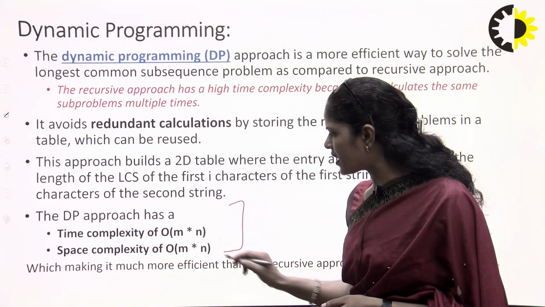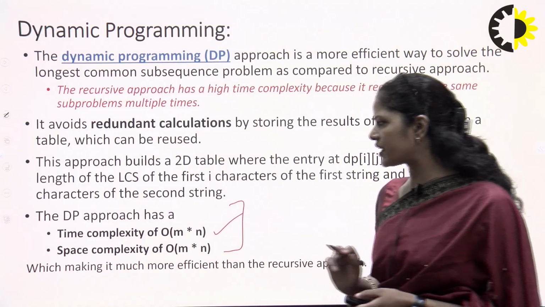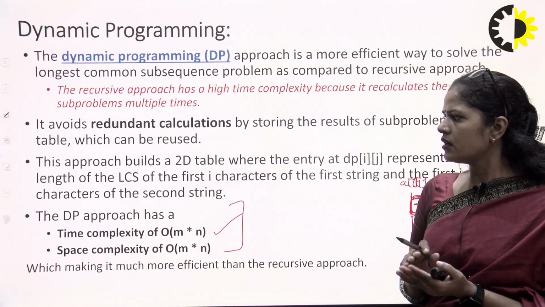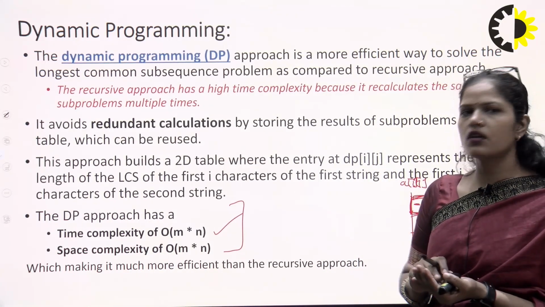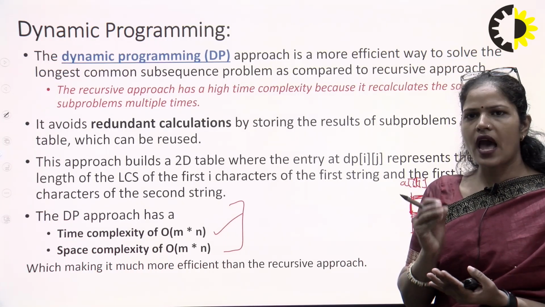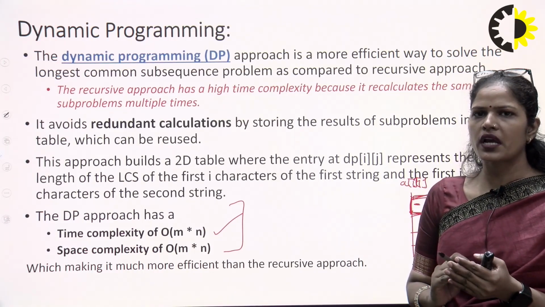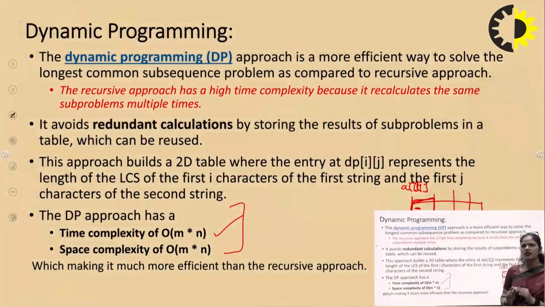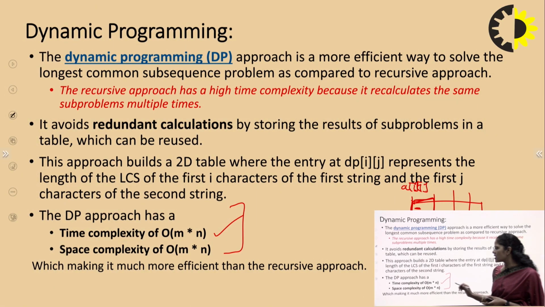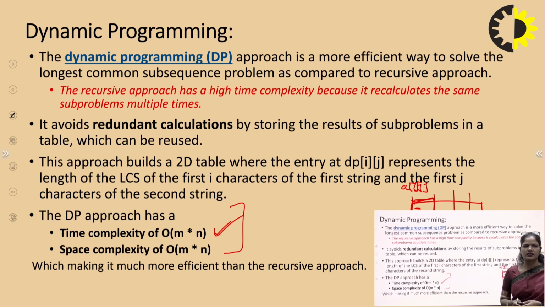The importance of DP as compared to recursion is that it reduces the time complexity, because we are not working on multiple similar subsequences. If we have it one time, we will store it once, and if it comes up multiple times, there is no need to store it again, right? So this is how we can reduce the time complexity as well as the space complexity, right?